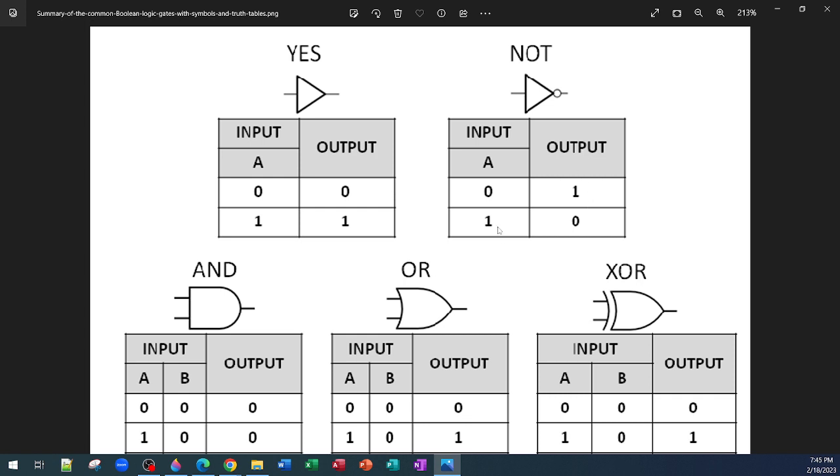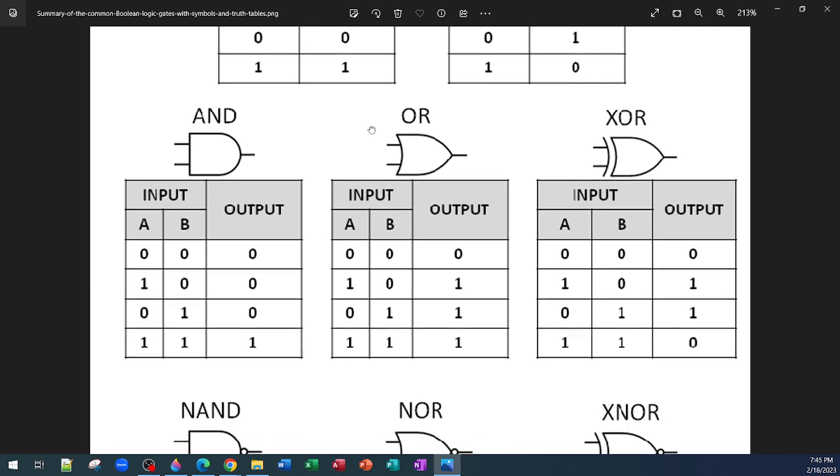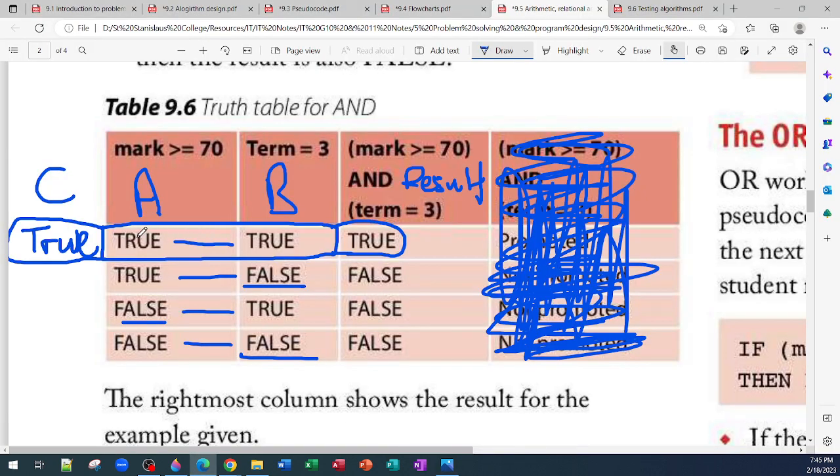If you have 1 in the one column, the other column will be 0. That's straightforward. The opposite. So as I said with and, in a truth table, 1 is true. So you just got to take note of that or try to remember that. 1 is true. So true is 1. False is 0.